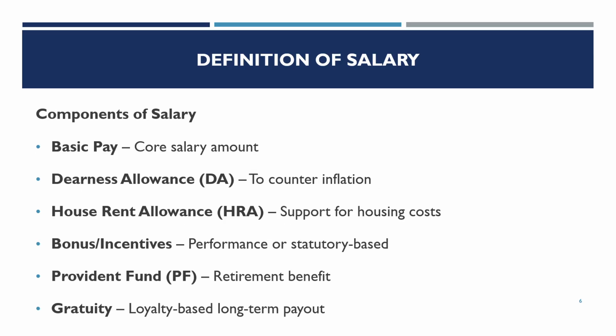So let's break down a standard salary. These are the components of salary. The first component is basic pay. Basic pay is the foundation of the salary. Other components are often calculated as a percentage of this.